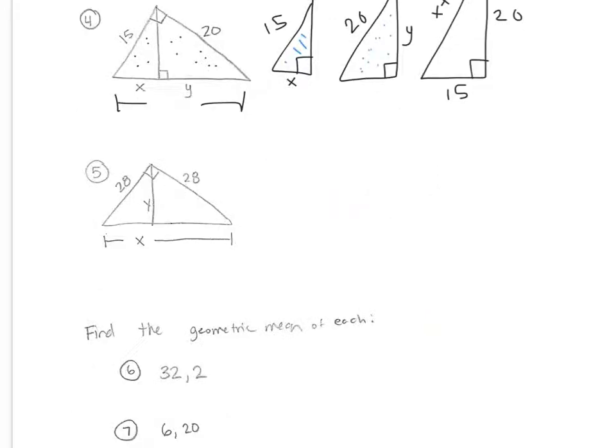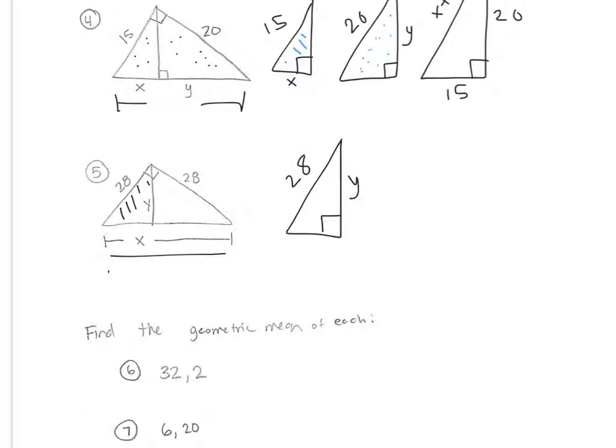Okay, number 5, we draw out 3 triangles. So the small one, we don't have enough information. There's not enough right here. So it's not x, because x is all the way across, so I'm going to leave that blank right now. And this is y. And then the hypotenuse is 28.